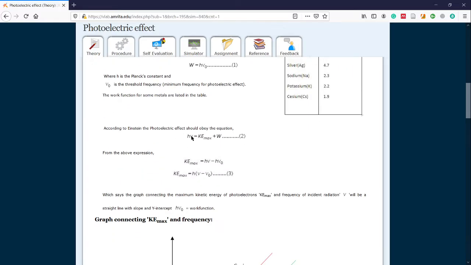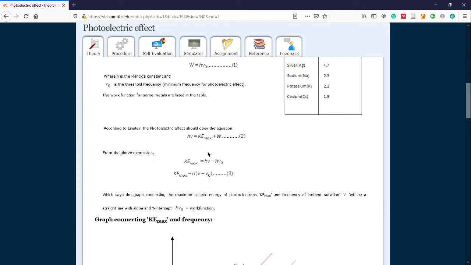When there is incident light of frequency nu, the total energy will be h times nu, and this h nu will be distributed in two parts. One part will be used to overcome the work function of the metal. The second part will be used to achieve a kinetic energy, called Ke max, for the electron.